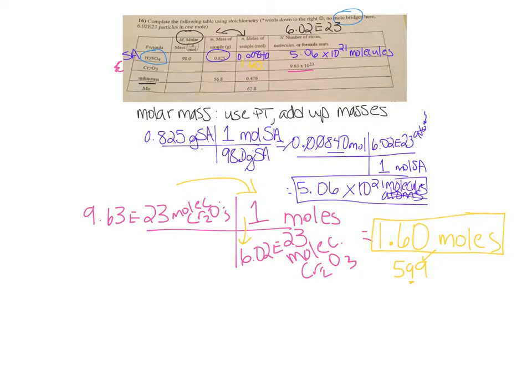And now we're going to use that 1.60 moles to figure out the mass of our sample, right? So we first need to look at our periodic table. We need to get our little molar mass of chromium 3 oxide. So each chromium is 51.996 grams, and each oxygen is 15.99.